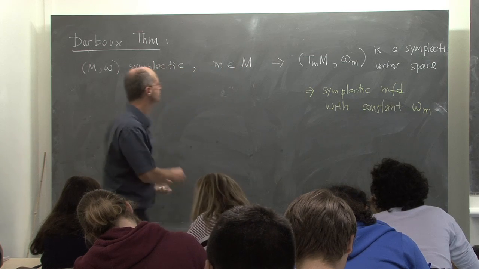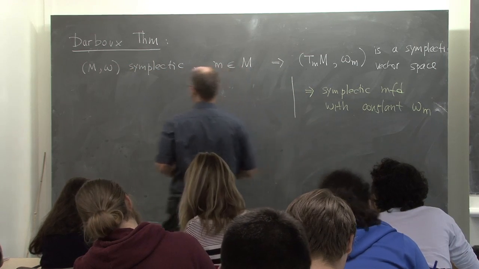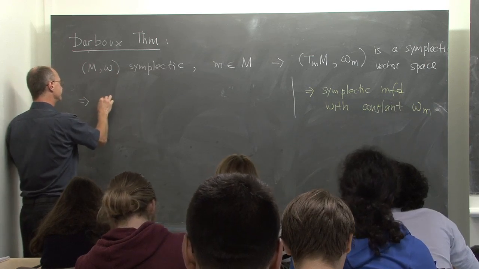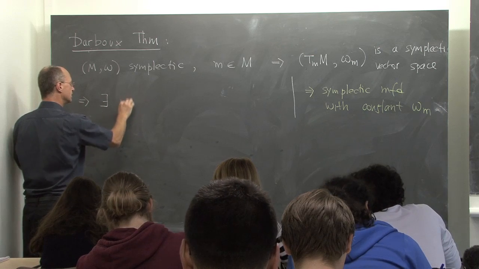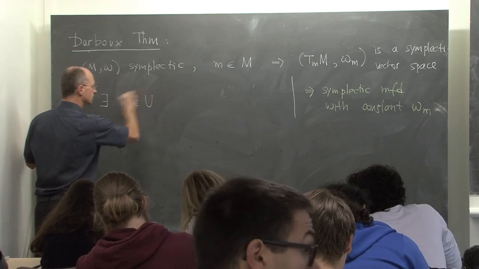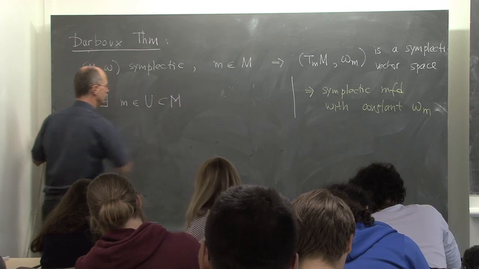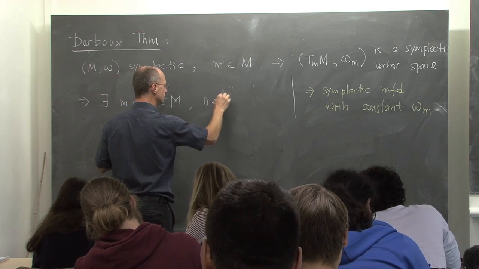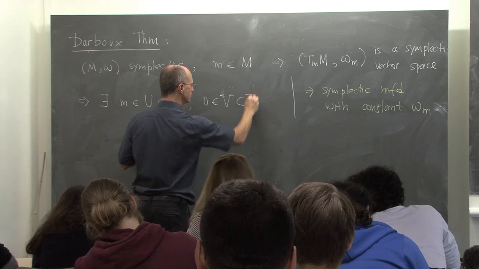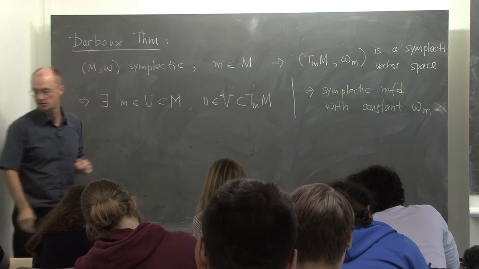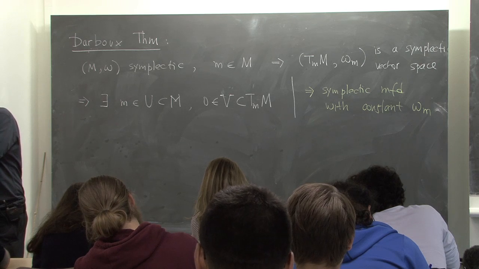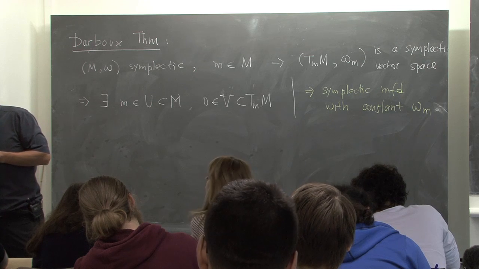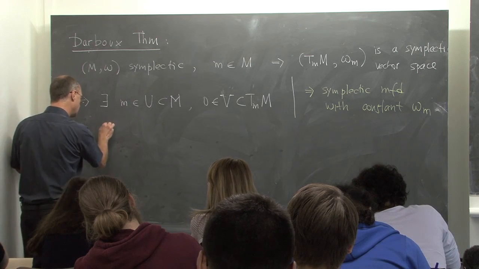Right? So now here is the statement. There is a neighborhood, let's say U, of our point in M, and a neighborhood V of the origin in T_m M. And let's say phi.